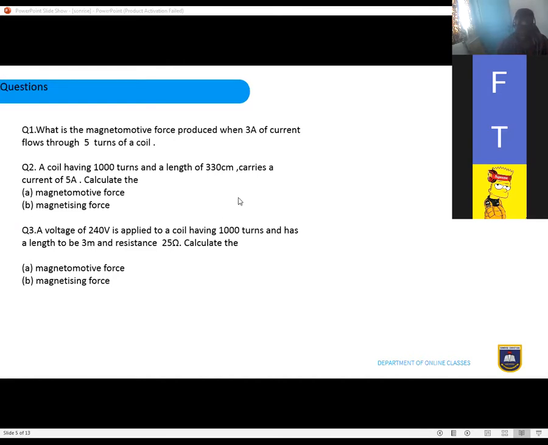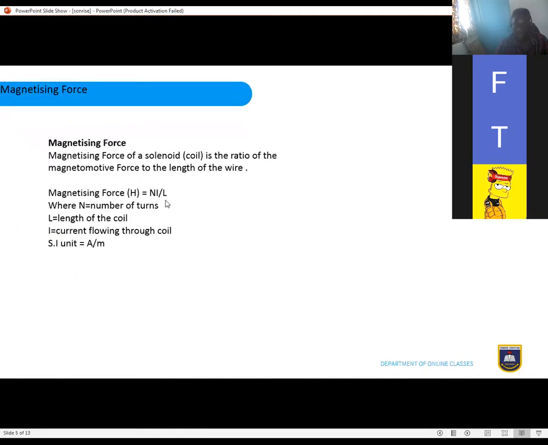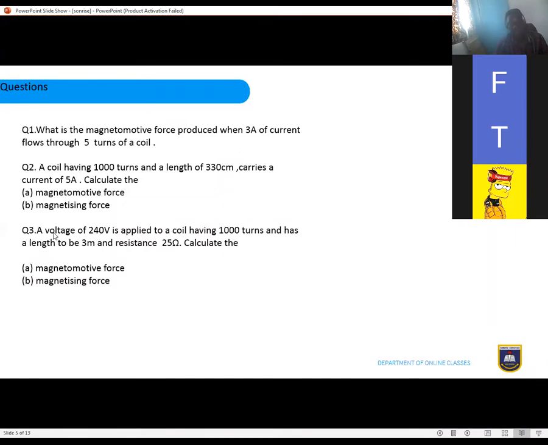Okay, this is it: H equals Ni over L. The Ni is the magnetomotive force. So after finding the magnetomotive force, you just divide it by the length. Do you get it? All right, thank you. So in the third question, current wasn't given to us, but you can calculate the current if voltage and resistance are given to you.